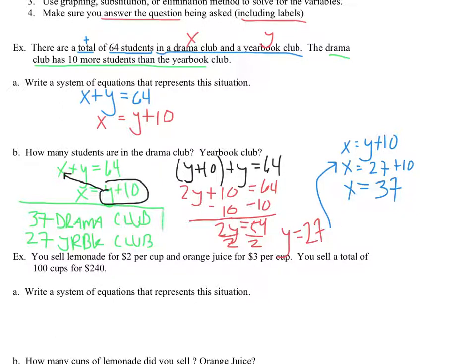So there is our final answer. We have 37 students in the drama club, 27 yearbook students. If you add those two together, 37 and 27, you get 64 like our first equation. 37 is 10 more than the yearbook club, so there would be our answer for that one.